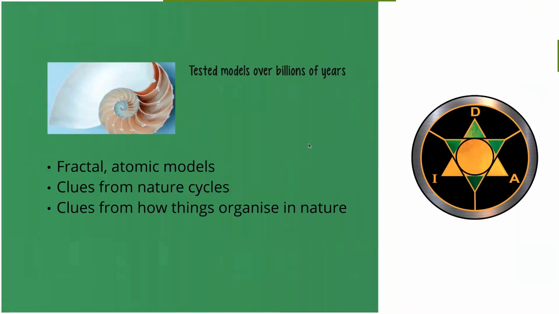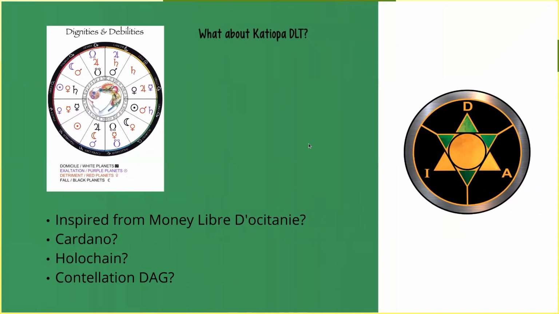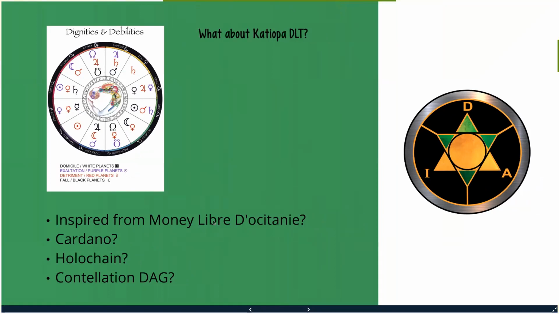We need to focus, obviously, on testing models that nature has shown us, that have functioned over billions and billions of years. We need to focus on fractals, atomic models. Again, clues from how things organize in nature must be our friend. And how about we get inspired by what Monnaie Libre has done in France, Stéphane Lagarde?